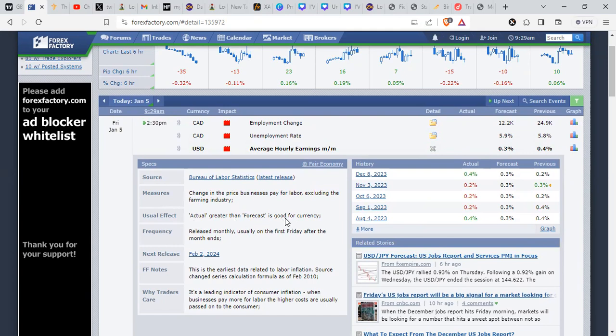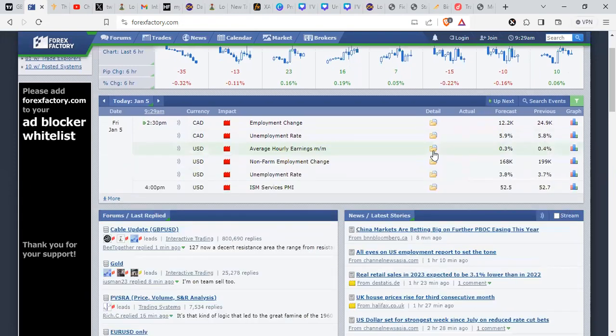Actual greater than forecast is good for currency. So in this case now, if we have a data that is 0.5% here, it means that the actual is greater than the forecast, which is going to be good for currency. So it's going to be good for the USD, right? It means that it's going to be good for DXY.